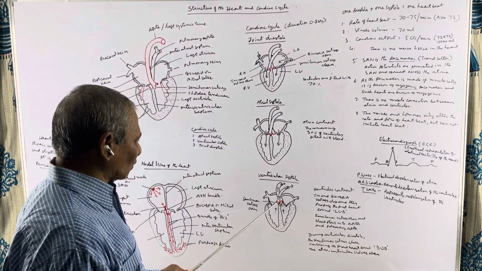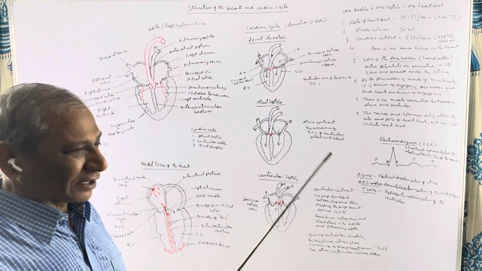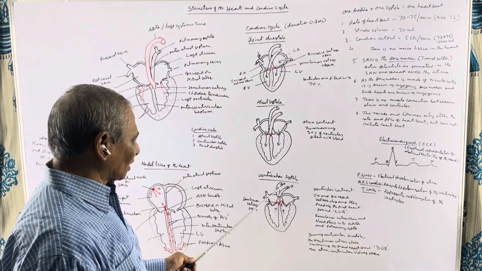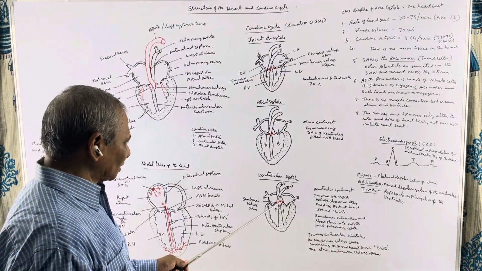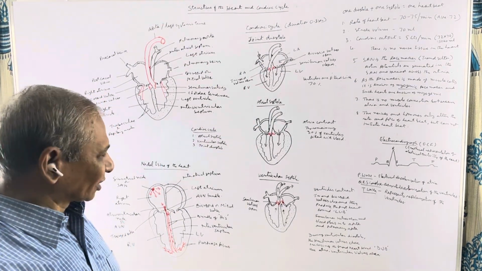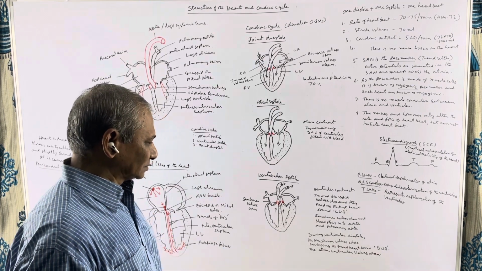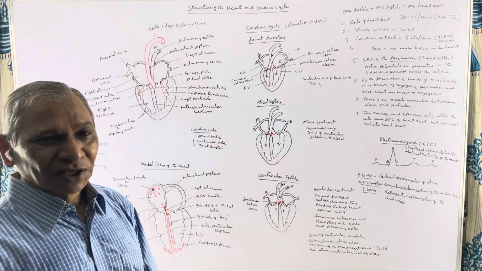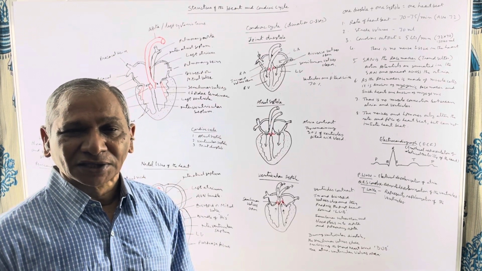The semilunar valves close suddenly and they prevent backward movement of blood into the ventricles. So the closure of semilunar valves present in the pulmonary aorta and aortic trunk produce the second heart sound known as the dub. So in this way, two distinct sounds are heard during the heartbeat.